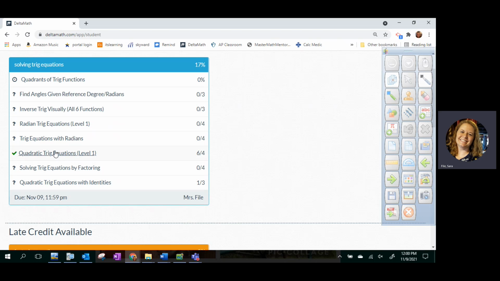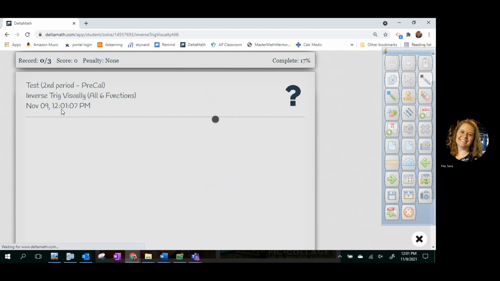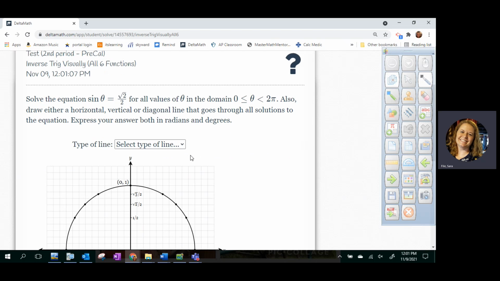Does anybody have any questions for me besides these last 3 types? Do I need to go over any of these sections up here? Are we all okay with those? Those of you who have attempted it. This one? Okay. So this one gives you a visual.